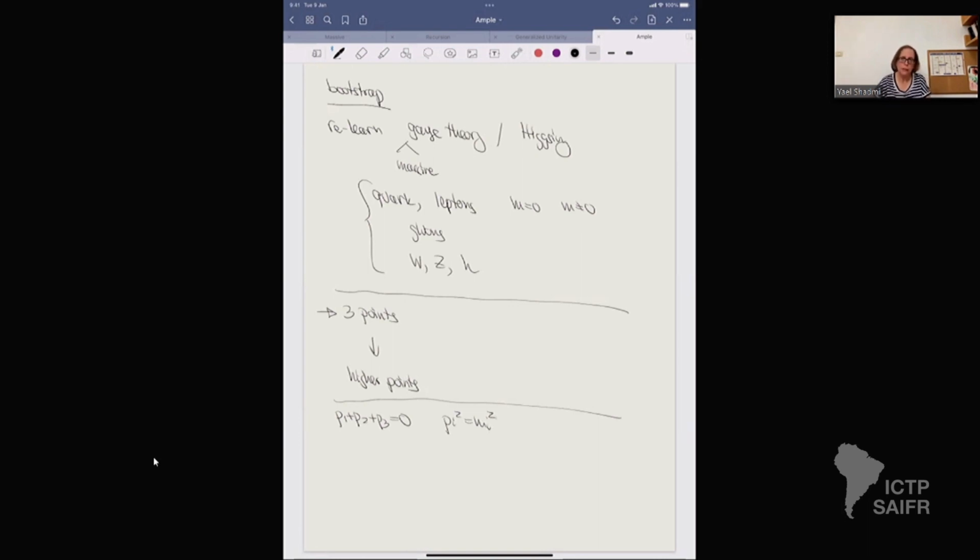Now, unlike in the massless case, where the 3 points were completely unphysical because we cannot really have a scattering like that and have to go to complex momenta, here, depending on the masses, we can have some physical processes. If M1 plus M2 is smaller than M3, then we can have a particle decay. But we'll work anyway in terms of complex momenta, so that we're not restricted to a particular kinematics.